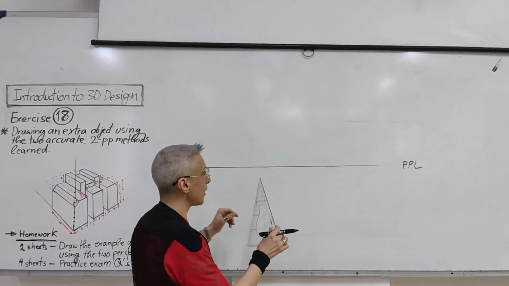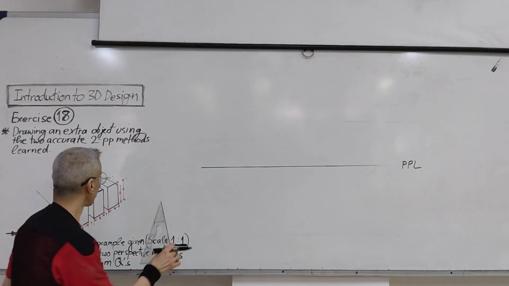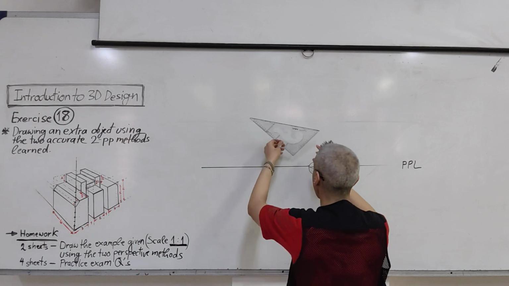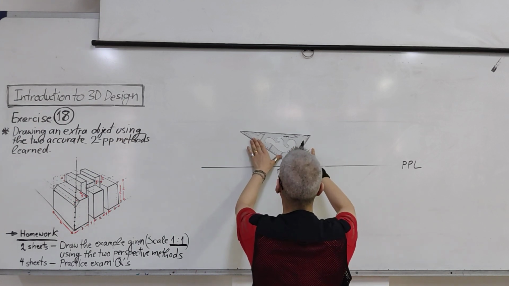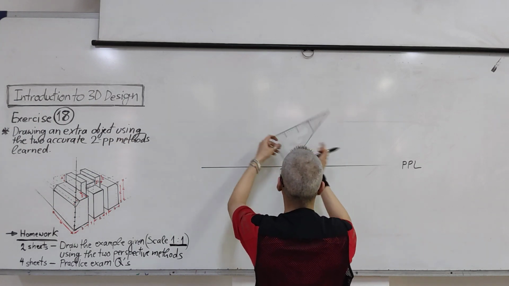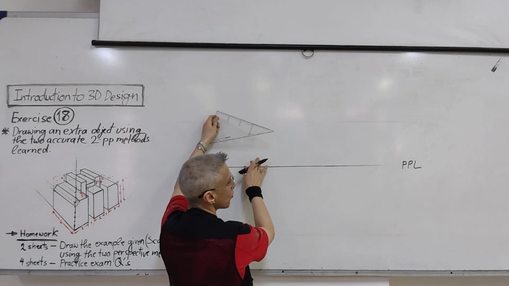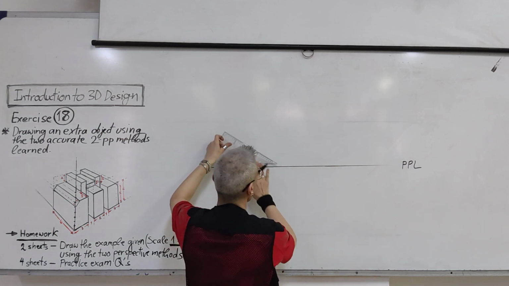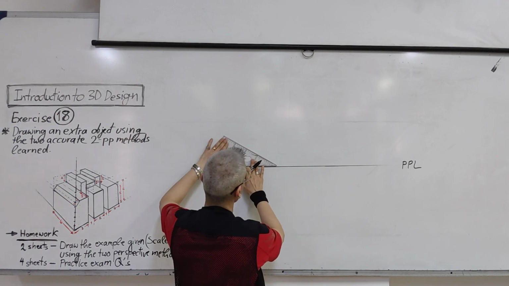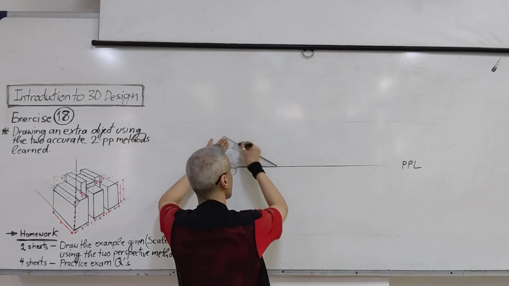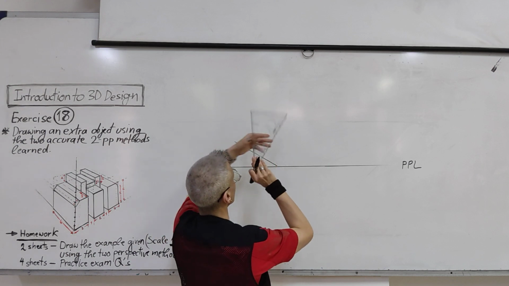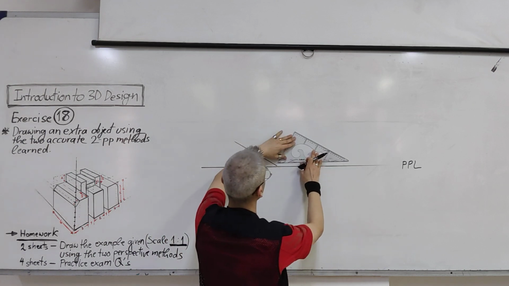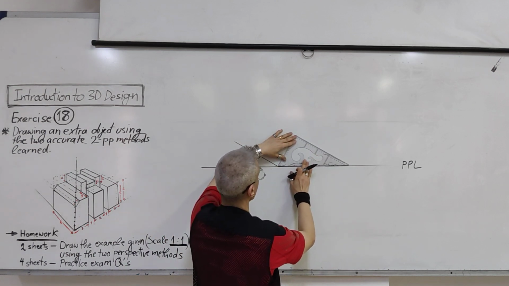First, before I draw any details, let me find the 30, 60. First, do I need it from here, the 30, or from here, or the opposite way? Okay, so this needs to be decided. If here is the 30, then here will be, for example, the 60.